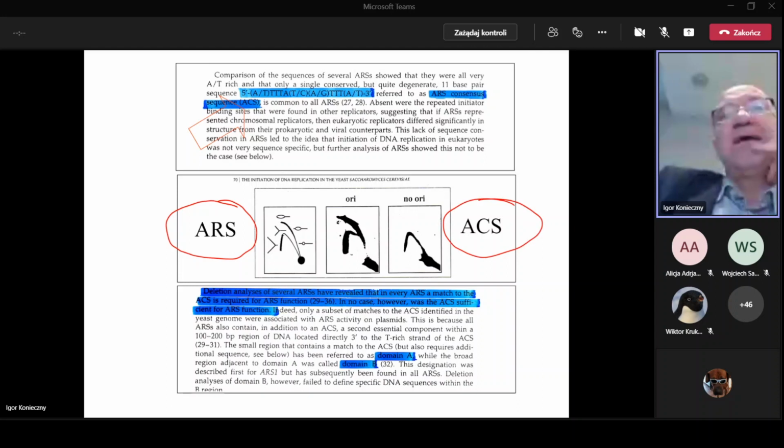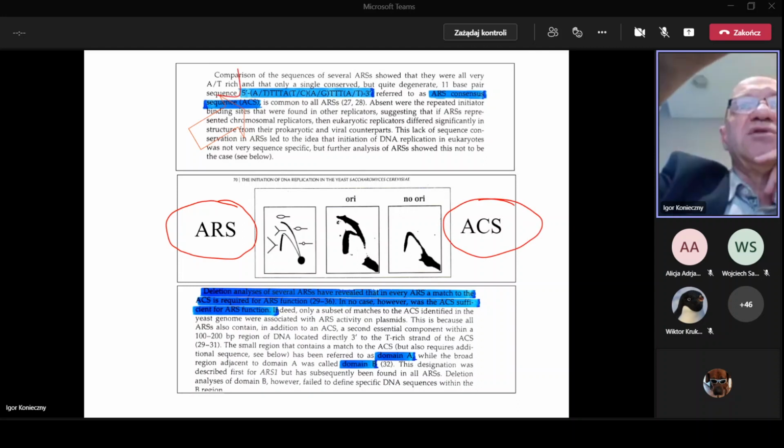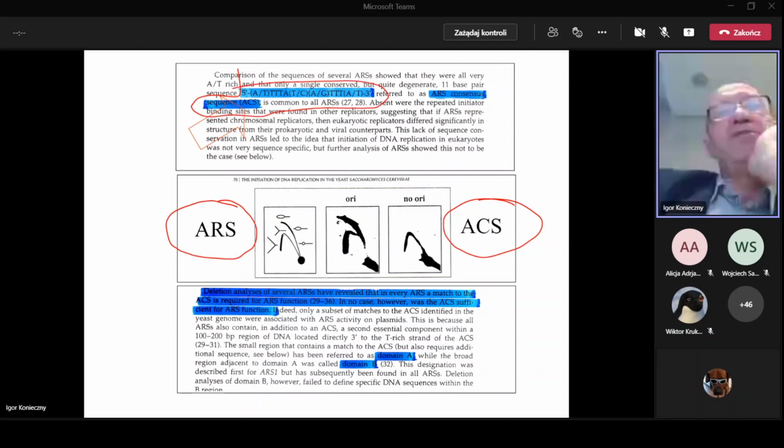Okay, so this is just the consensus sequence which is in here, which is important to be a part of an autonomously replicating sequence. So the autonomously replicating sequence contains a consensus, which is important for recognition by proteins. So some sequence specificity is there.